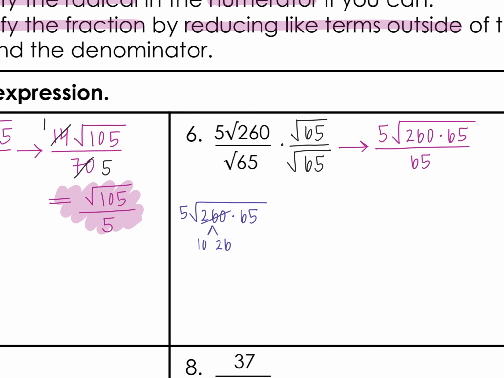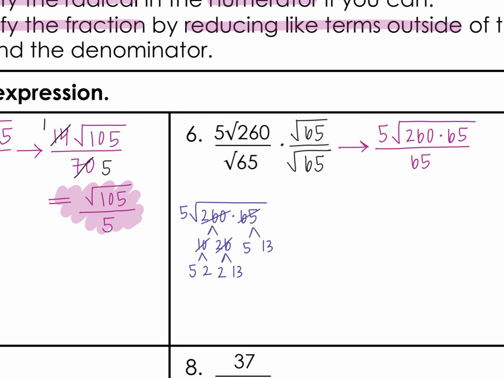Okay, so then for my 10 here, I can factor it into 5 times 2. That 26 can be factored into 2 times 13. And then my 65 here can be factored into 5 times 13.